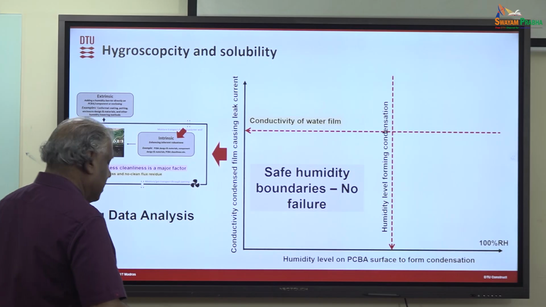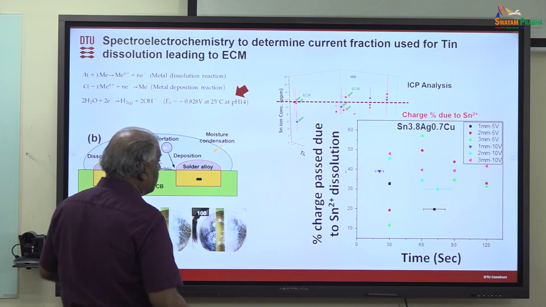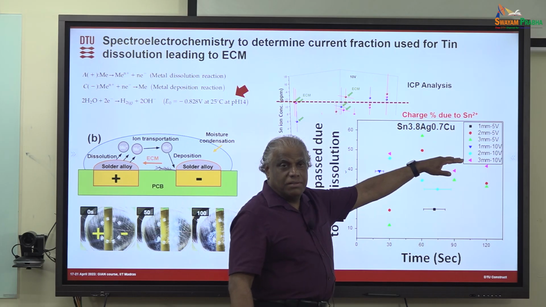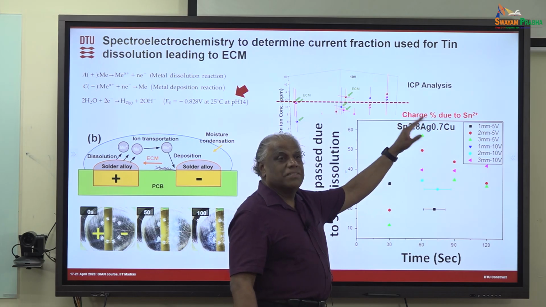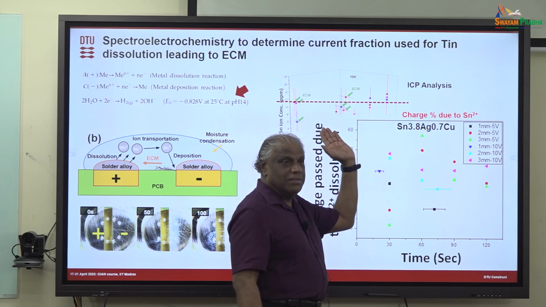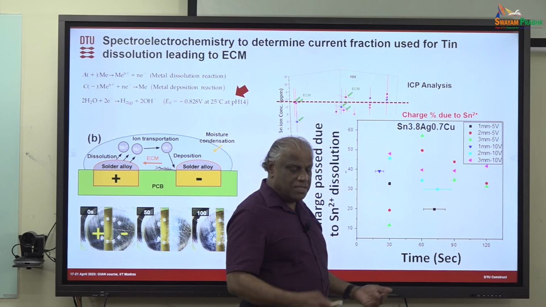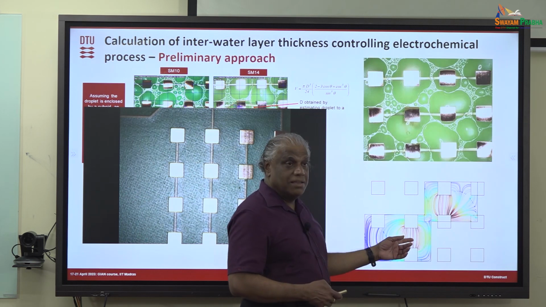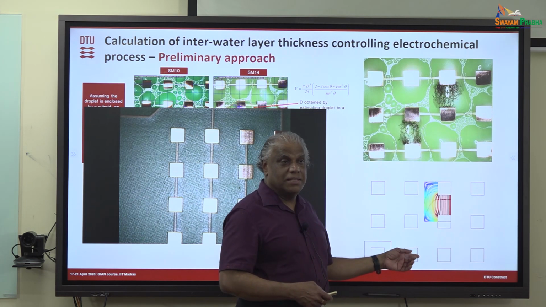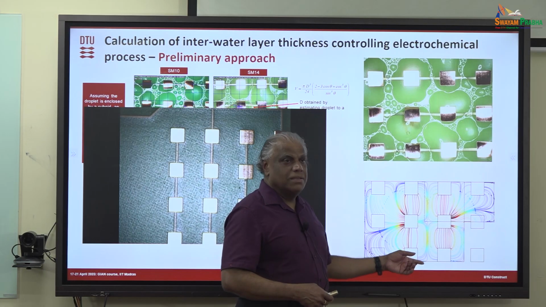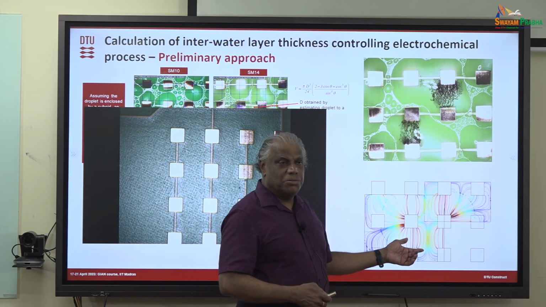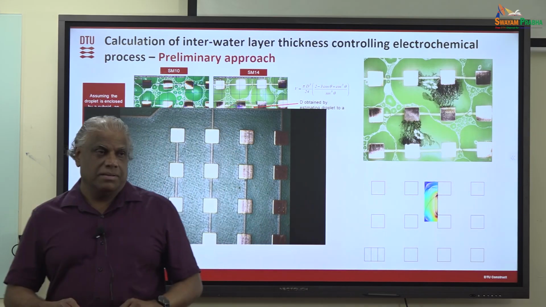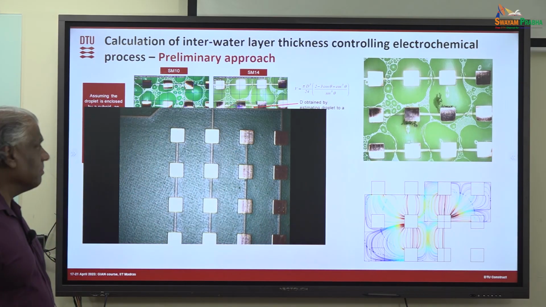If I put a boundary here, you can see that approximately 50% of the current is used for tin dissolution, and the remaining 50% is approximately used for electrolysis. This is additional information for our model, so we can assume 50% of the current is for electrolysis and 50% is for tin dissolution, and that way we can model better. But we are not there yet.